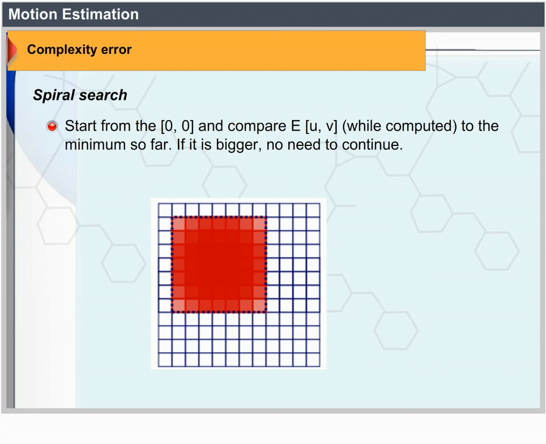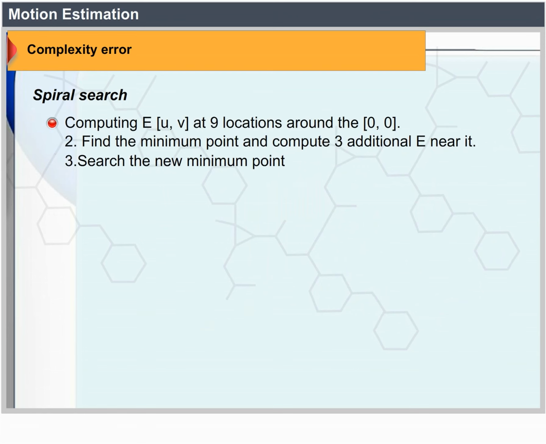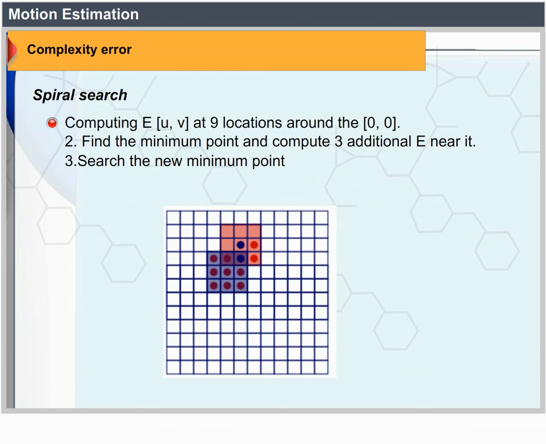If it is bigger, there is no need to continue. This can be represented as computing E(U, V) at 9 locations around E(0, 0), finding the minimum point and computing 3 additional E rows and columns near it, then searching the new minimum point.